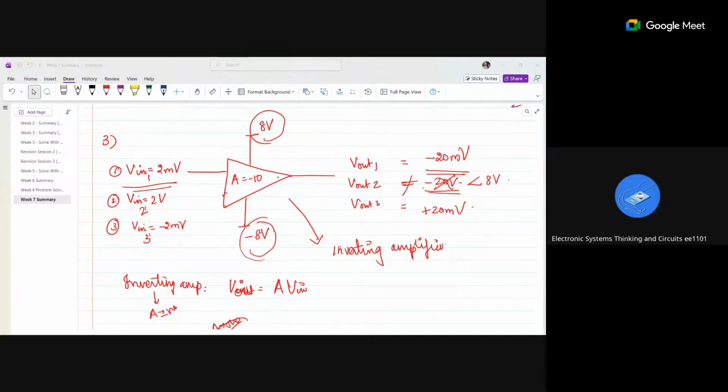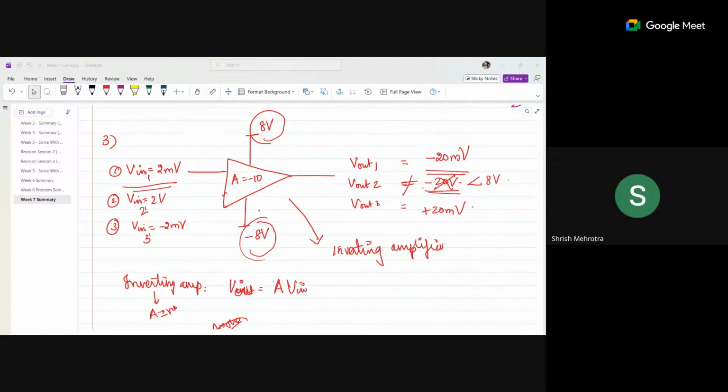So start watching week 7 and week 8 lectures fast, and complete the graded assignment also. Start doing your revision as soon as you can. What will be the syllabus for quiz 2? The syllabus is week 5 to week 8.